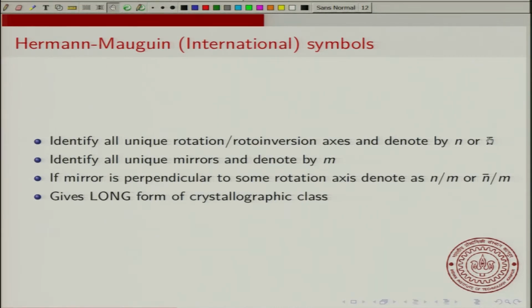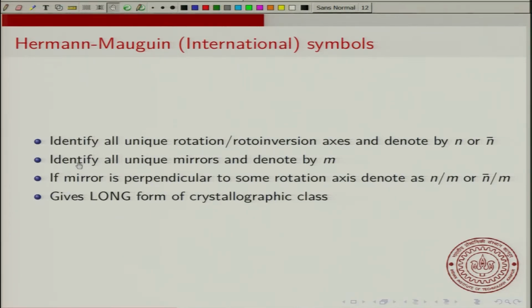If it is a roto inversion, you will use n bar. For example, for a three-fold roto inversion, you will use 3 bar. If you have a 4-fold rotation, you will just use 4. The important word is all the unique axes. You can show that you cannot have more than 3 of such unique rotation and roto inversion axes, so you can get a maximum of 3 of these numbers.